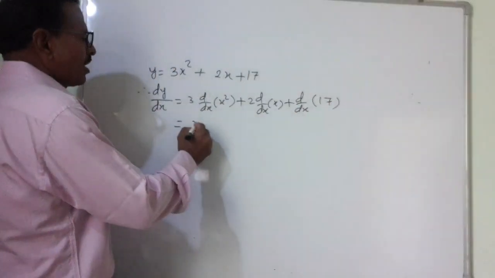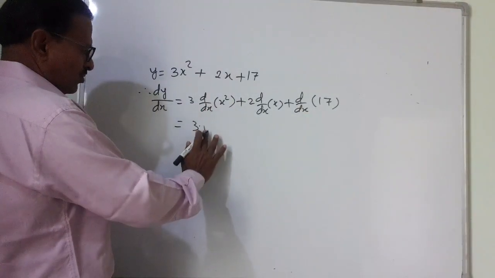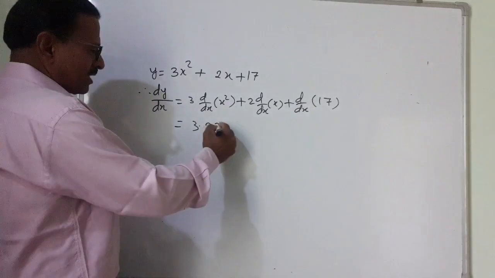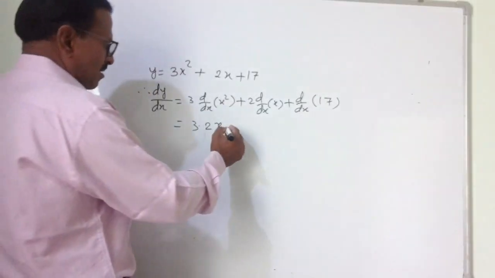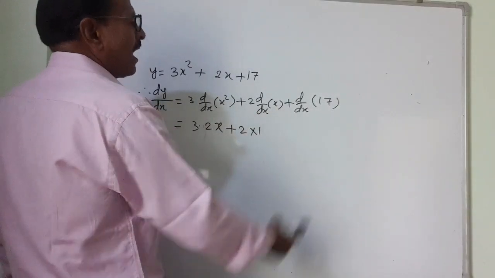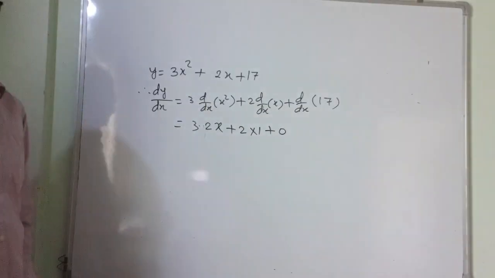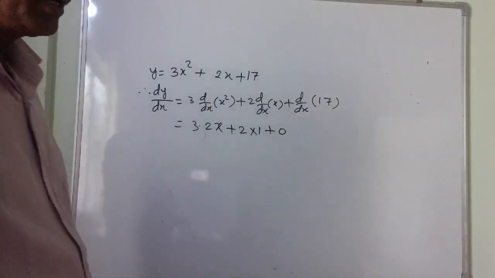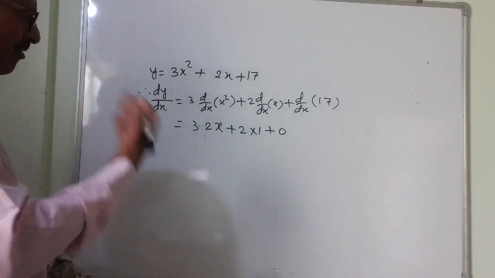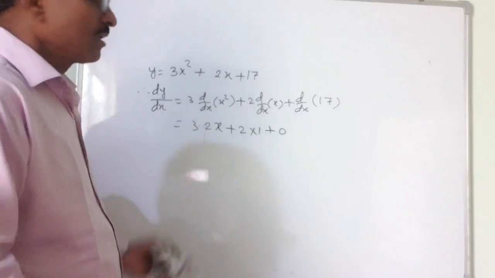This is equal to 3 into 2 into x raised to 2 minus 1, which is 1, plus 2 into the derivative of x, which is 1, and for 17 the derivative is 0. It means if there is any constant in the function, when we differentiate it, the derivative of the constant is 0.